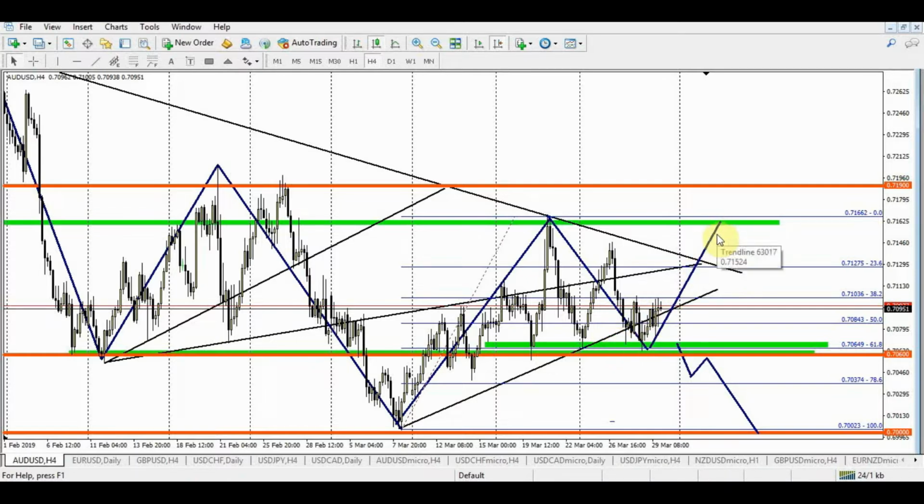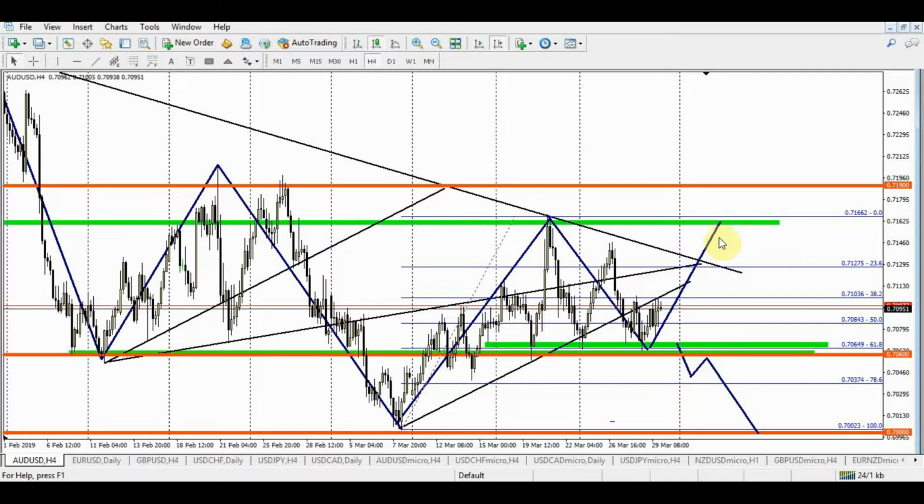And this break here, we had this here last week, I believe, and it rejected off this trend line, went up and came back to a retest, and looks like it broke, but I believe it's just rejecting off of this level here at this moment, so to take it to the upside.